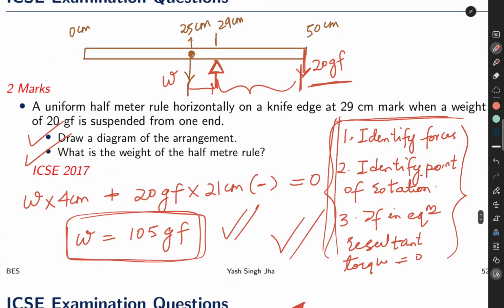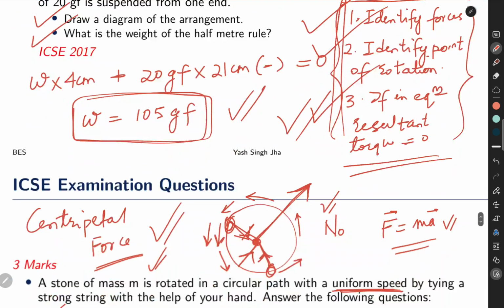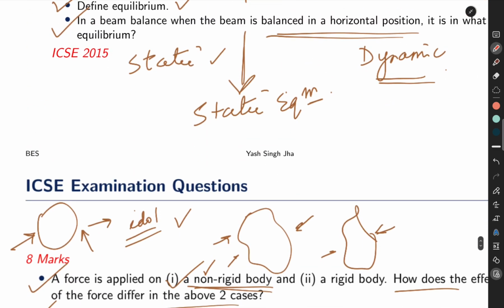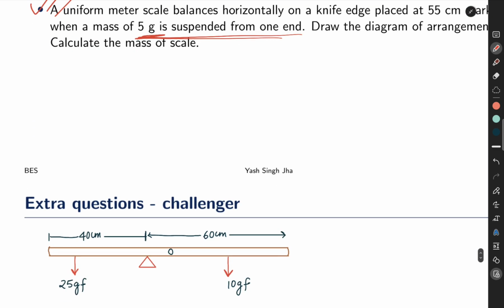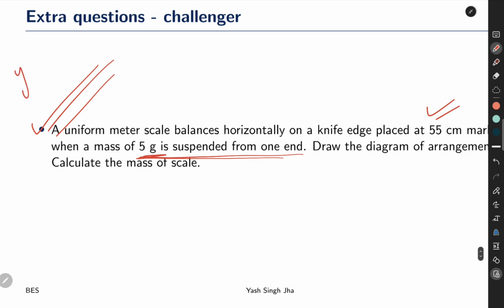This is the exact same question that has come in board examination. Identify the forces, identify the point of rotation. If in equilibrium, make the resultant torque 0. This would be a nice way to test your knowledge. Try to solve this question yourself.